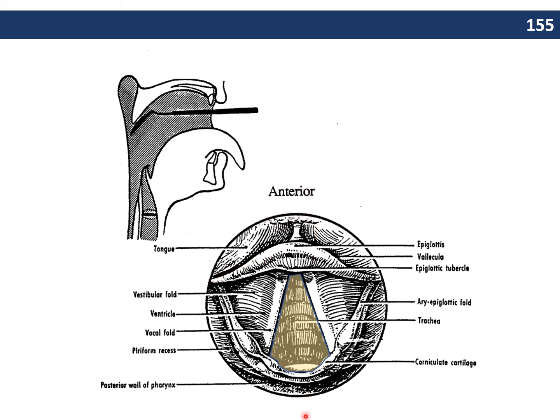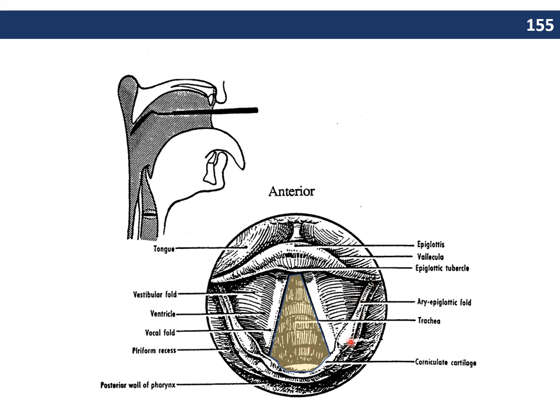So this is anterior, this is posterior. The vestibular folds, again, are superior and lateral, and it can be difficult to appreciate this ventricle that lies between the vestibular fold and vocal folds in this particular image. The vocal folds are more medial, and this space or opening is the rima glottidis, and when we're talking about the vocal folds plus the opening, we're talking about the glottis.